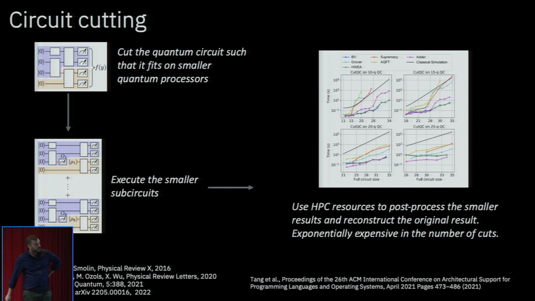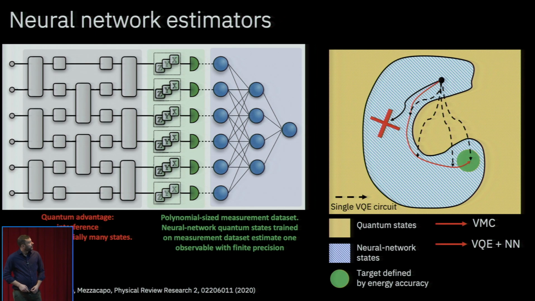And here you see that the amount of classical resources necessary to optimize this cutting and post-process the outcome of the small subcircuits increases exponentially with the circuit size, but nevertheless, this exponential scaling is less expensive than just classically simulating the initial quantum circuit.